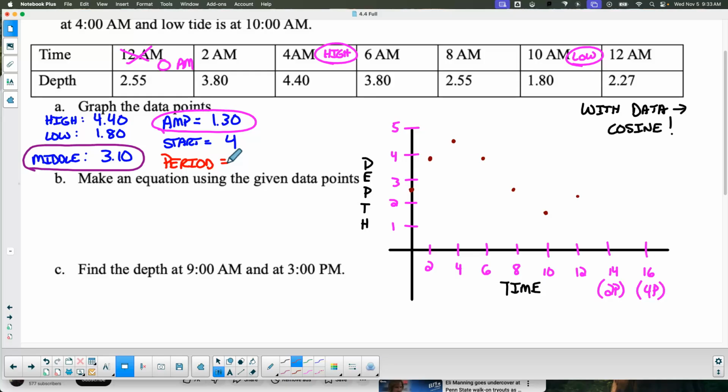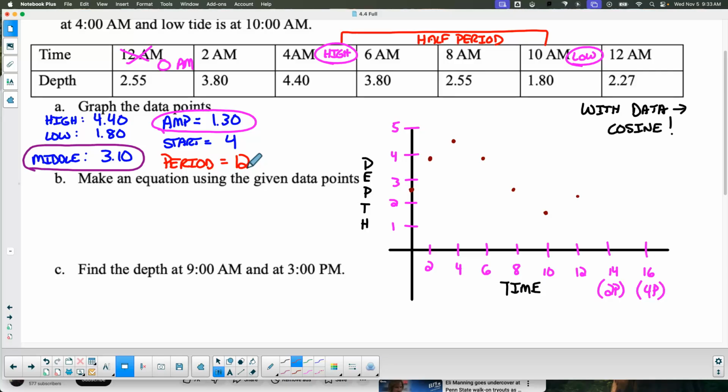So from 4 to 10 is half of the period. So that 6 hours is half the period. So the whole period then would be 12 hours. So from here to here is half the period, so then the whole period would be 12.